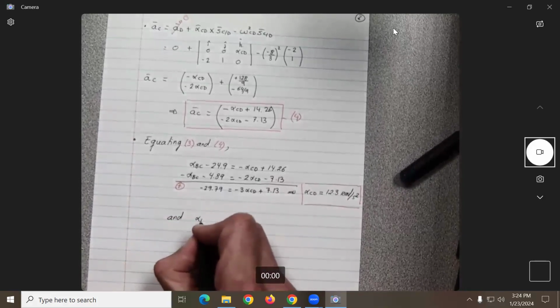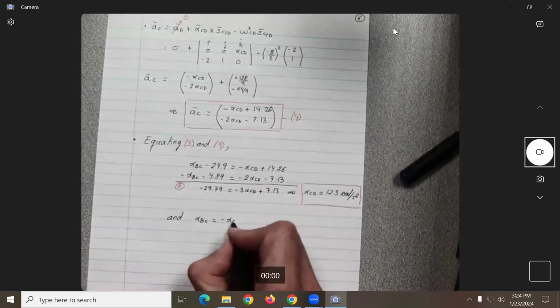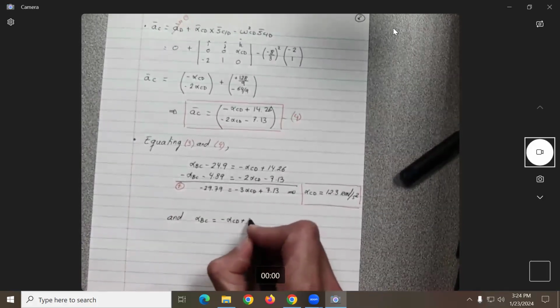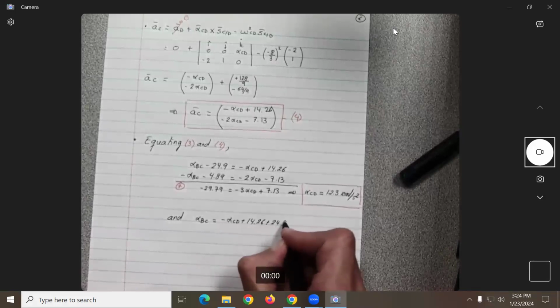And alpha BC from this equation should be equal to what? Minus alpha CD plus 14.26 plus 24.9.